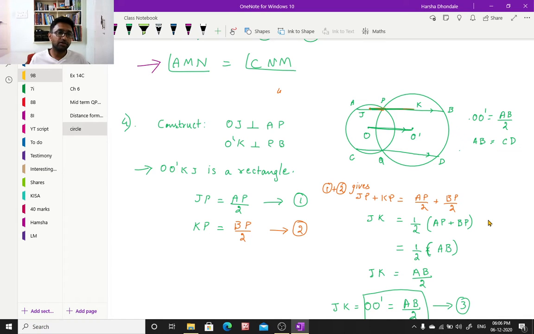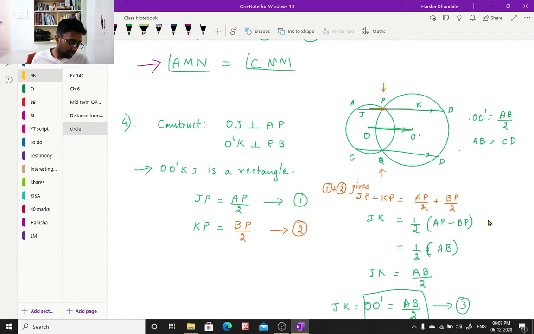Now with this diagram, we'll first try to understand the question. Please read the question first and only then try to understand this. So the question says, in the following figure, P and Q are the points of intersection of two circles. The center of this circle is O and the other circle is O dash.